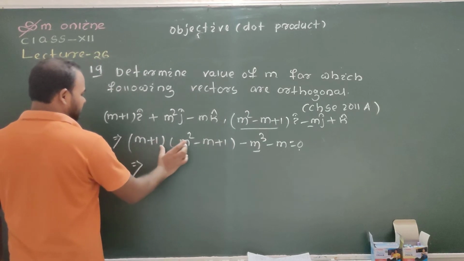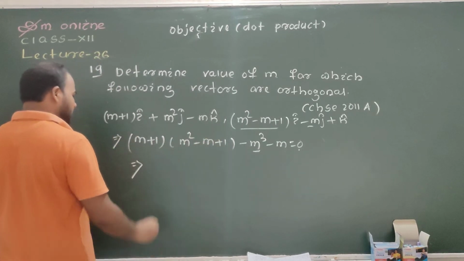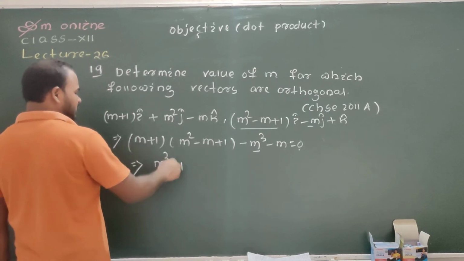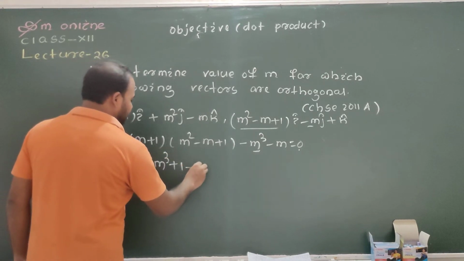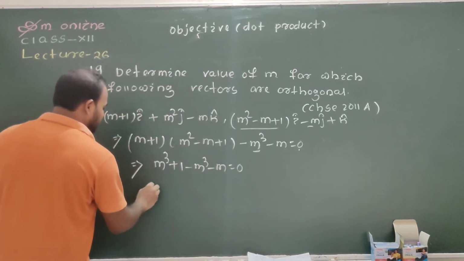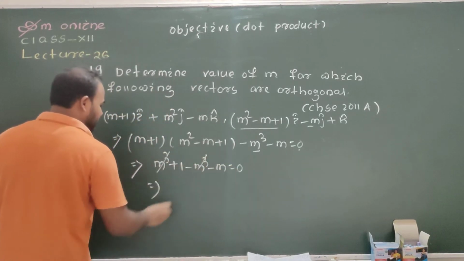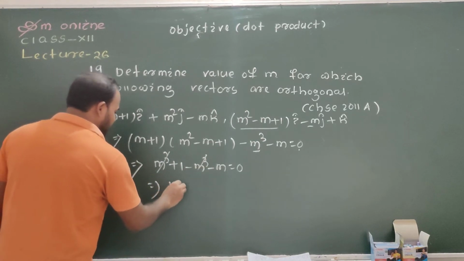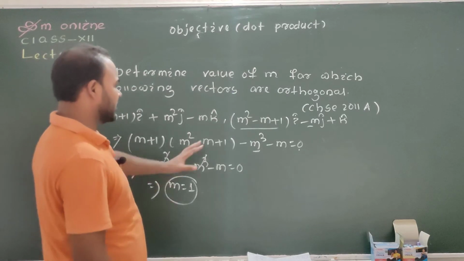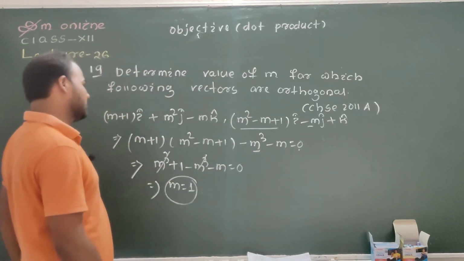It is a plus b into a square minus ab plus b square form, that is a cube plus b cube, that is m cube plus 1 minus m cube minus m equal to 0. Or implies that m cube cancels, 1 equal to m, or m equal to 1. Okay, this is the value of m for which the given vectors are orthogonal.